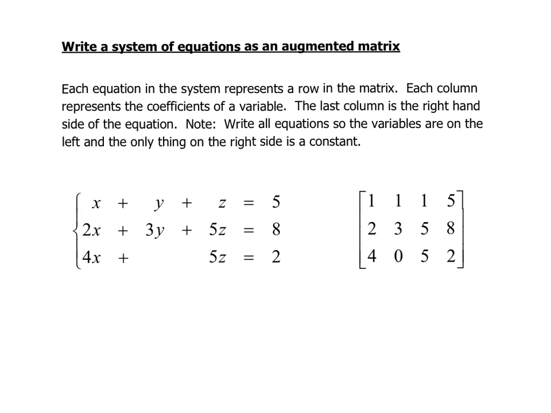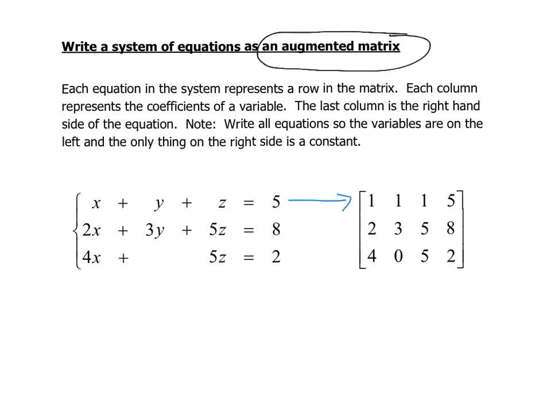The first step in trying to solve a system of equations using a matrix is to write what we call the augmented matrix. So when we're doing this, we're going to take each of our equations and turn it into a row in our matrix.